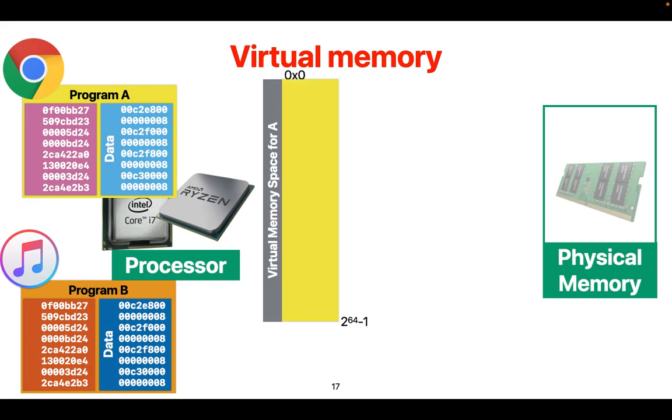However, when I create a process, in the operating system abstraction, I will create a virtual memory address space starting from 0 to the end of the available address. For example, with a 64-bit address space, I will create an address space from 0 to 2 to the 64 minus 1, regardless of how much physical memory is installed.